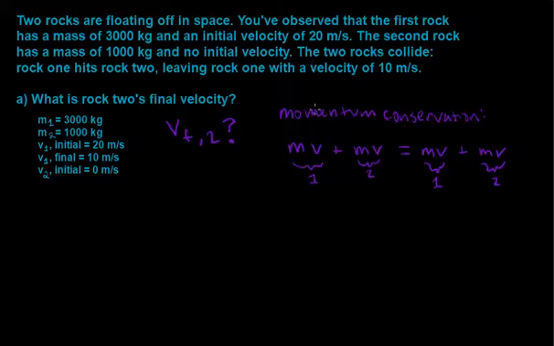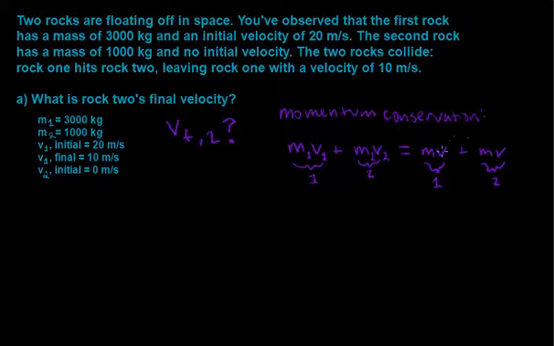So if we look at this conservation equation here, if we put it in terms of the two rocks that we have, in the initial state, this would be the momentum of rock 1, which we have rock 1's mass and rock 1's initial velocity of 20 meters per second. And as well, in the initial state, we have rock 2's mass and rock 2's initial velocity of 0 meters per second.